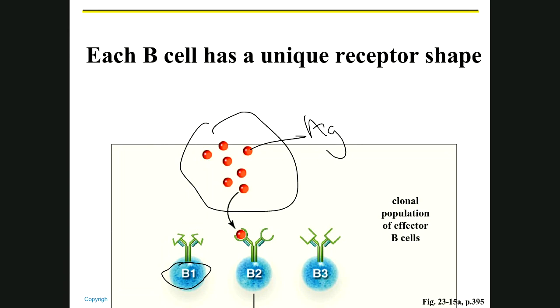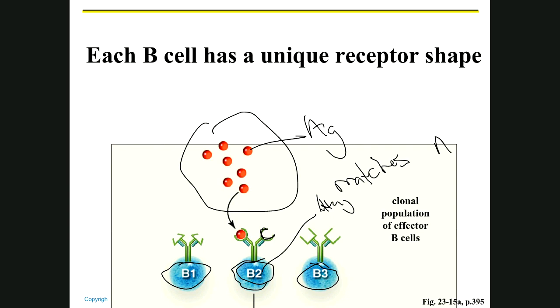Do they match? They don't. But B cell 2 just randomly has this shape. This guy won the lottery. And the lottery is that it matches this particular antigen.